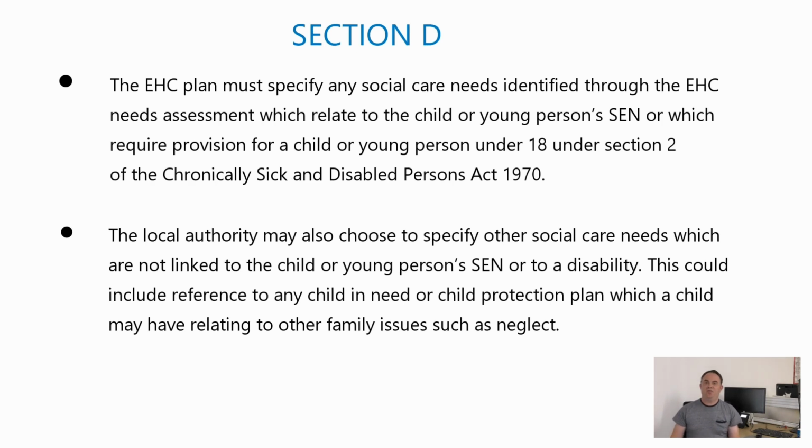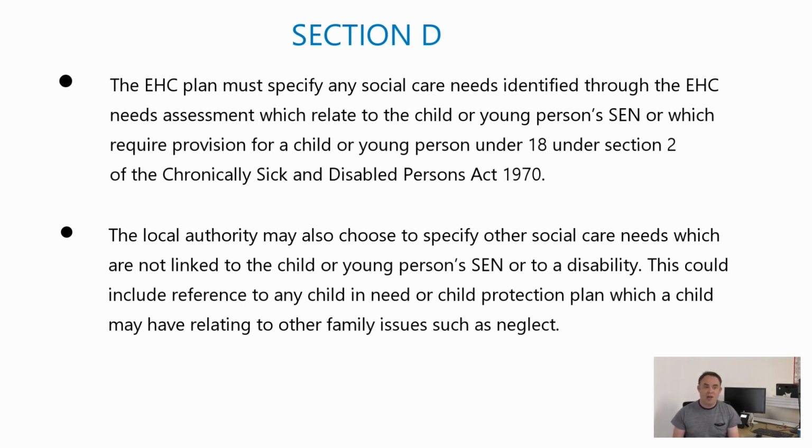Section D of the Education, Health and Care Plan deals with any advice that's come from social care assessments or involvement. And it's where those social care needs have an impact on the child's learning. So things here which are relevant are maybe where there are different carers, maybe there are respite providers who are involved, who've identified particular difficulties, and this is where that advice would be specified.